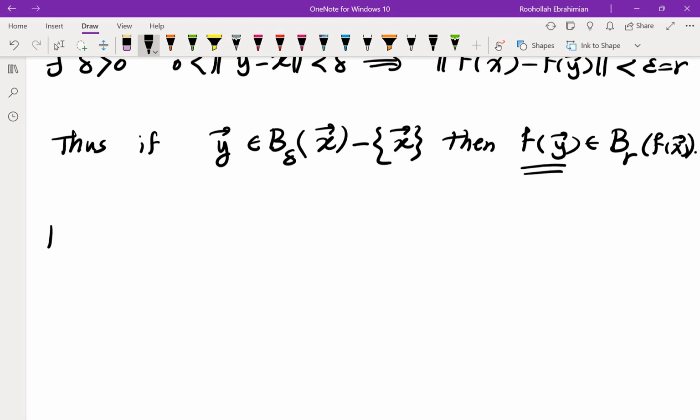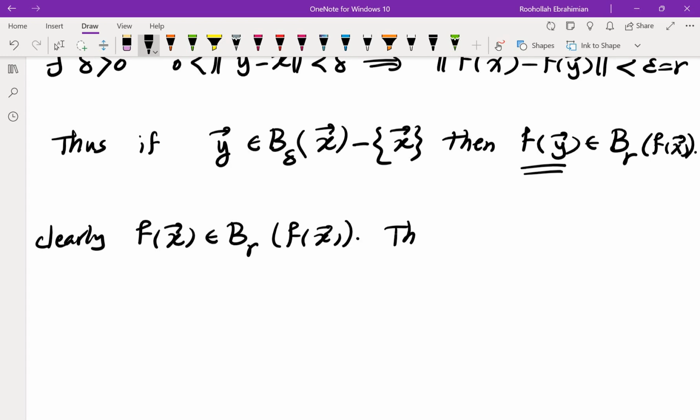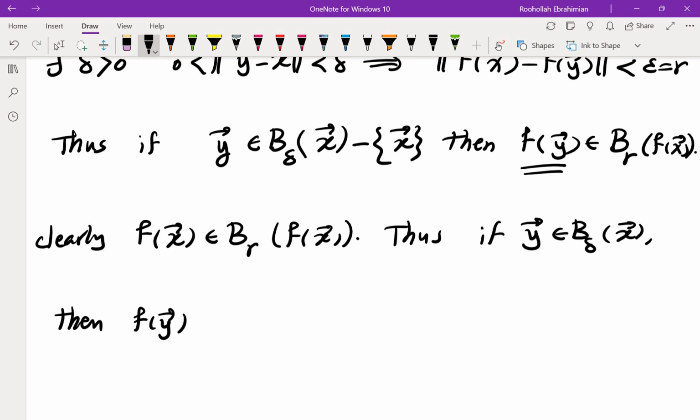Now one thing is clear, that f of x is also in that ball. Clearly f of x is also in the ball of radius r centered at f of x. So this means if y is in the ball of radius delta centered at x, then f of y is in the ball of radius r centered at f of x.